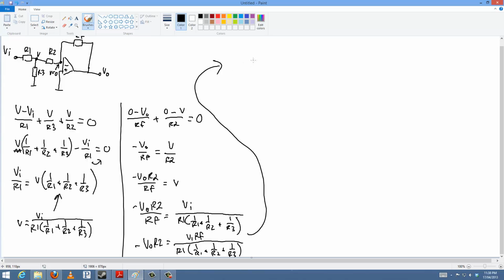Then we have divided by VI, VO R2, that's great, we'll do 2 steps. Divide both sides by VI and R2, and we have negative RF on R2 times R1, 1 on R1 plus 1 on R2 plus 1 on R3.